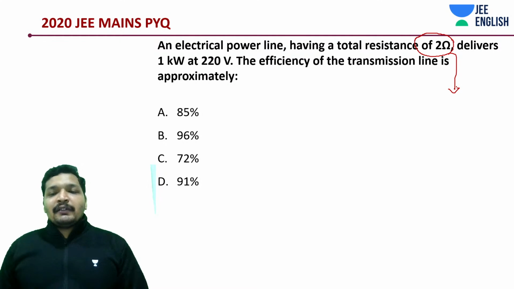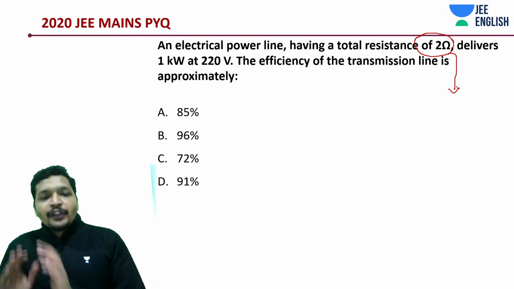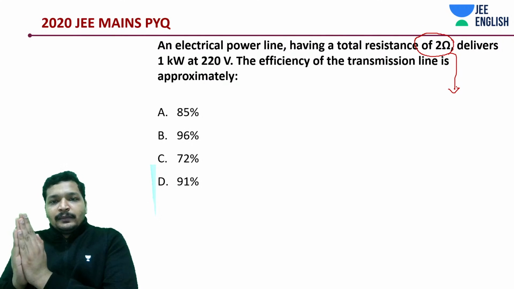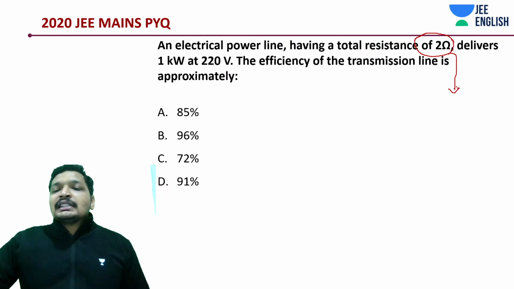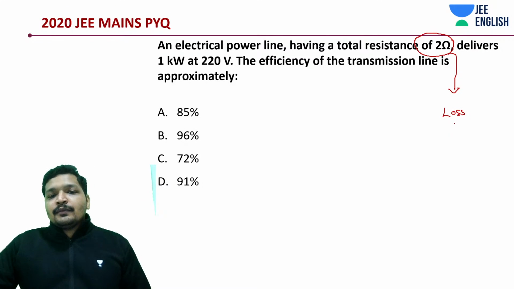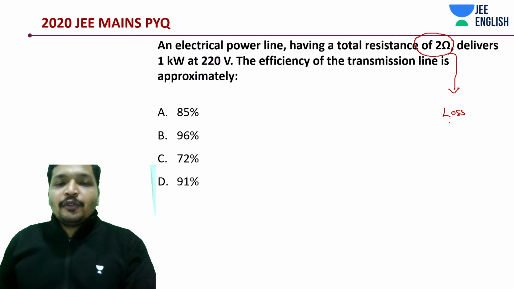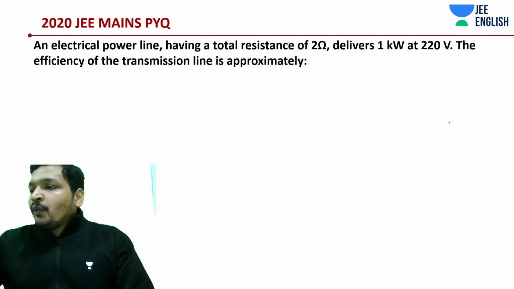You're losing some power. You're finally getting an output to be 1 kilowatt. Input was some loss on this 2 ohms. Okay, I'll get into this question. It's a very interesting question. Definitely one of the most interesting.